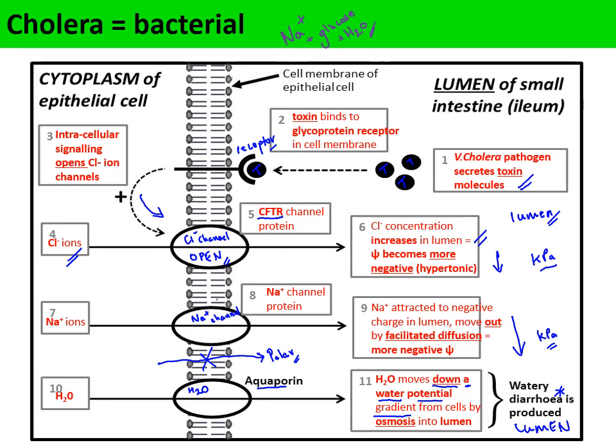So you want to treat someone with cholera, give them a salt and glucose solution, because the sodium ions and the glucose actively get co-transported into the epithelial cell, as we've done in the past in digestion. And that makes the water potential of the inside cytoplasm of the epithelial cell slightly more negative. So it's going to prevent too much water escaping from the epithelial cell.